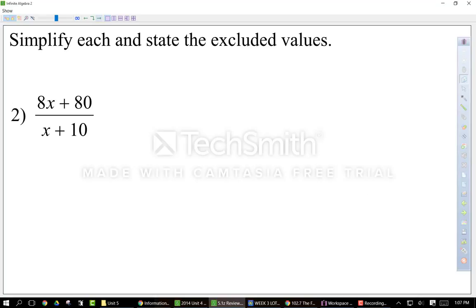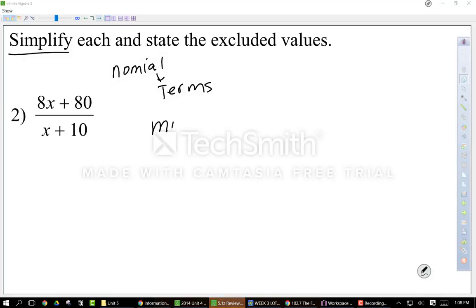Okay, here's the next one. First I want to simplify. If I look up here, what people want to do is say, hey, guess what? That's 8. No! In order to simplify a rational expression, you need to simplify the same type of nomial. A nomial for me is the term, so the amount of terms.